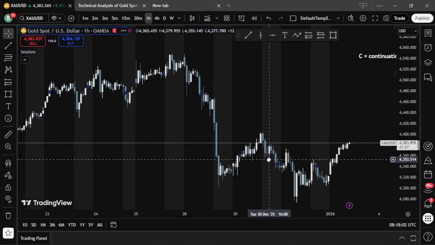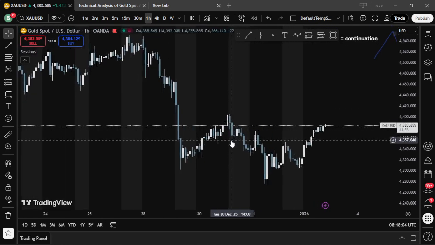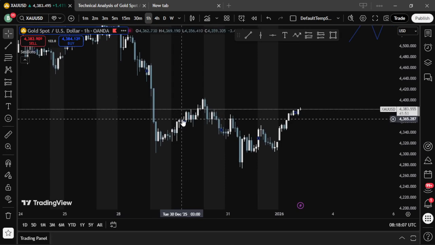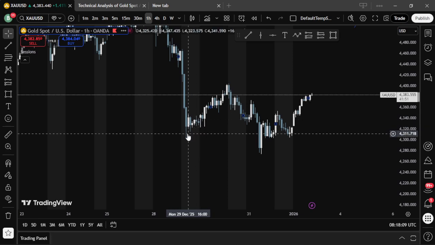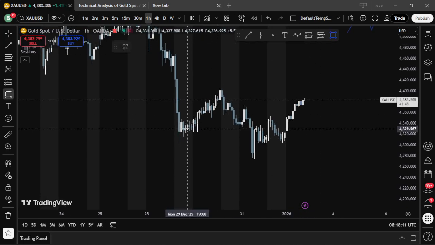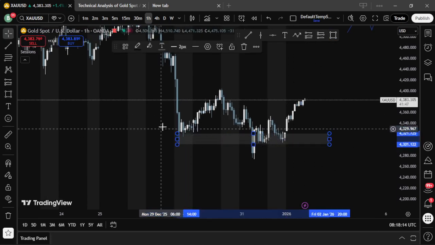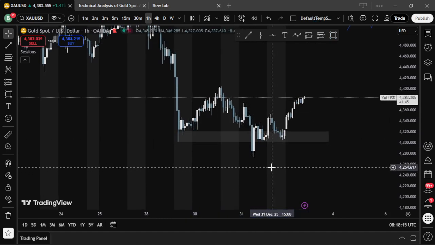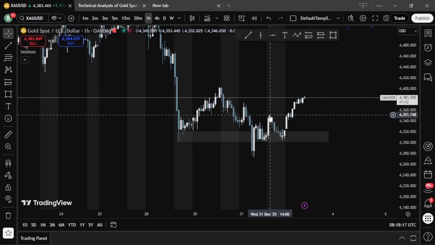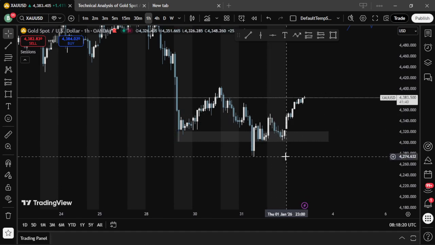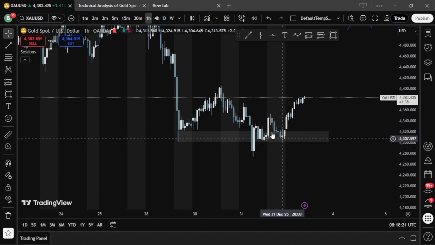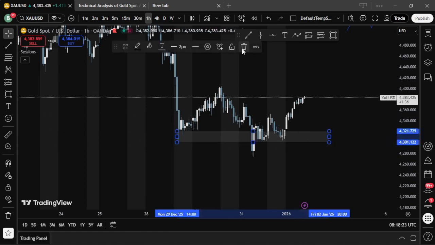Being able to determine the market structure is very, very important in this system, as you'll not be able to mark the indication, the correction, and the continuation clearly. So for instance, if you mark this low that got broken as the indication to the downside and waited for the correction, this should have been the correction, but the market didn't come below the indication for you to take the trade.